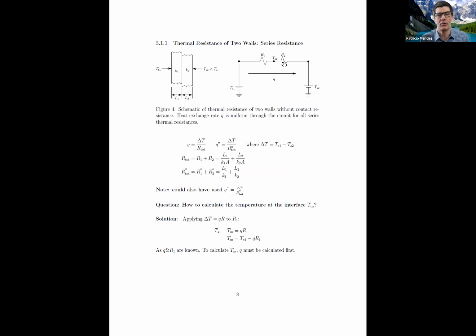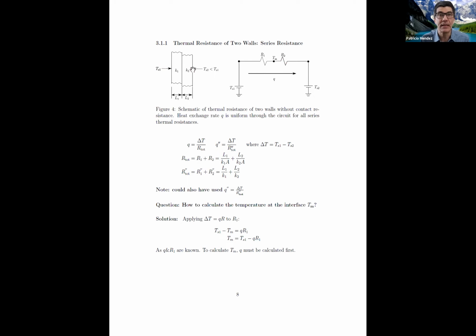How would you know if you should use resistances in series or resistances in parallel? This is a criterion: you look at the flow of heat. If the flow of heat goes first through one, for example, let's say heat is flowing from left to right, heat is going first through wall number one and then through wall number two.